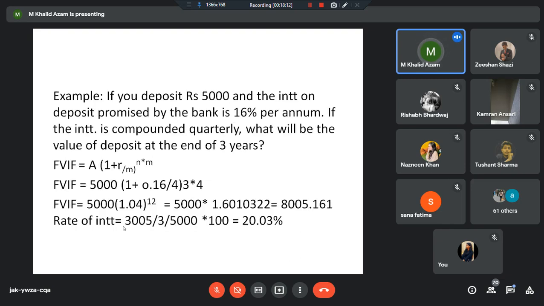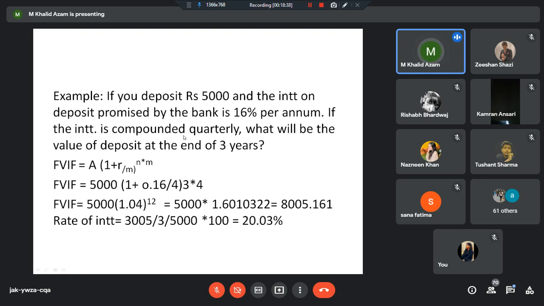Now see here, if you deposit 5,000 rupees and the interest on deposit promised by the bank is 16% per annum, and the interest is compounded quarterly, what will be the value of the deposit at the end of 3 years? So this is the amount which you are depositing, a one-time deposit. 1 plus this 16%.